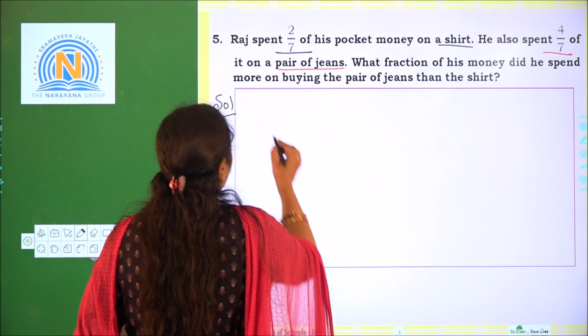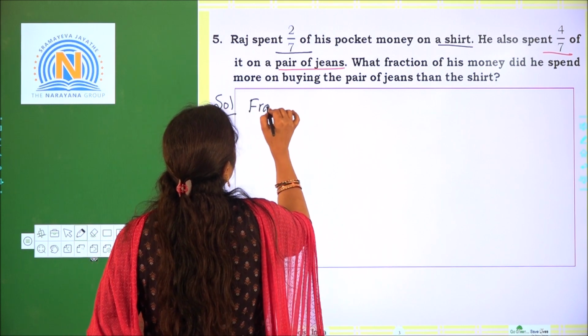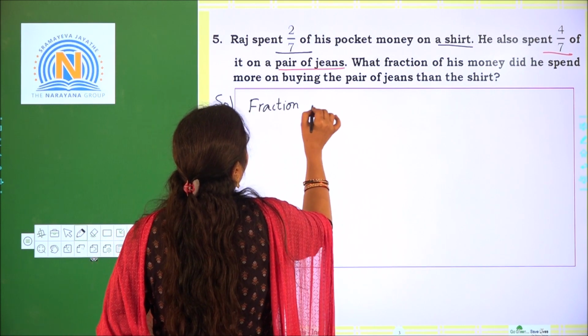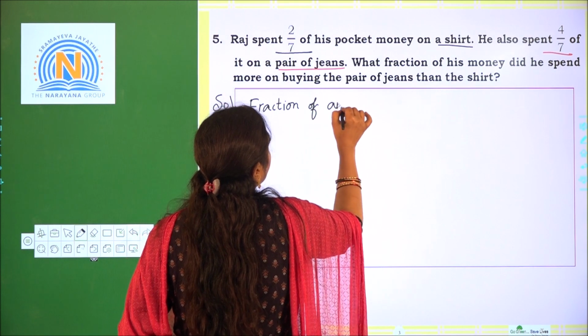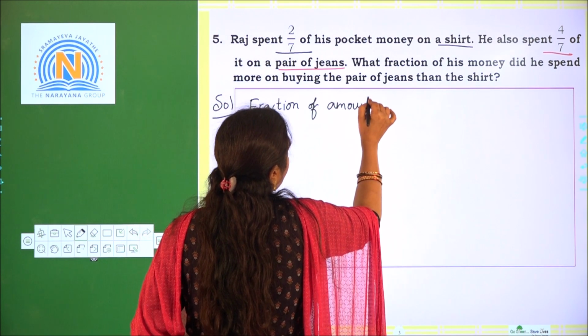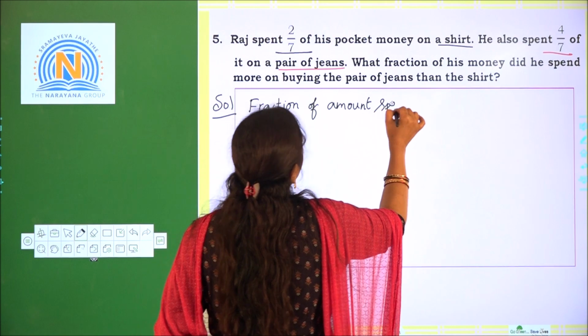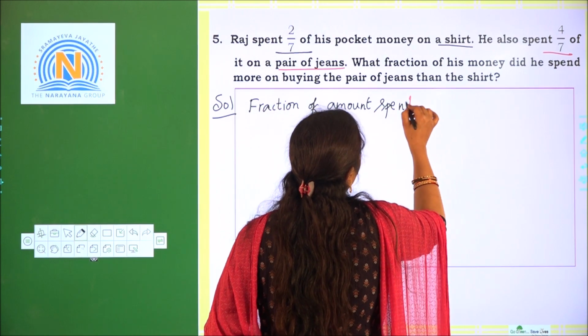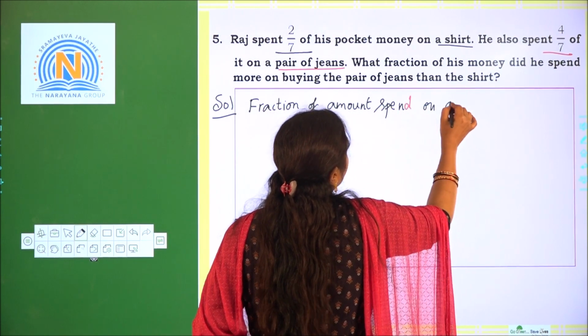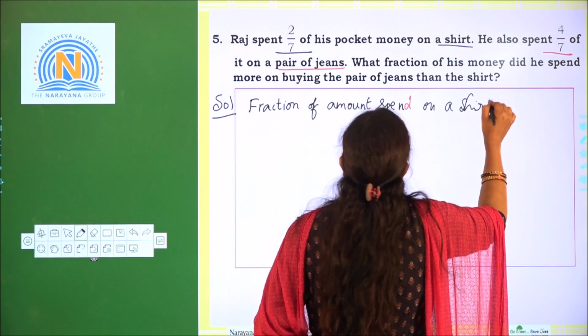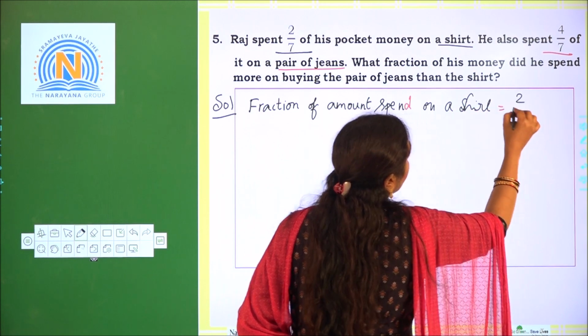So the fraction of amount spent on a shirt is 2 by 7.